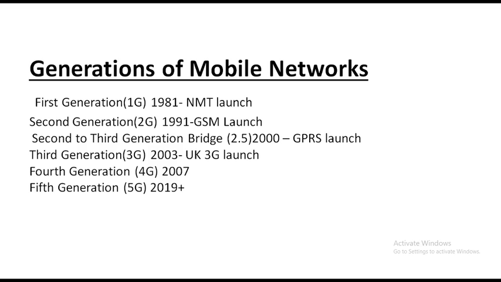First generation used NMT technology. Second generation used GSM technology, a global system for mobile communication. The 2.5G used GPRS technology, general packet radio service technology. And the third generation used different technologies.